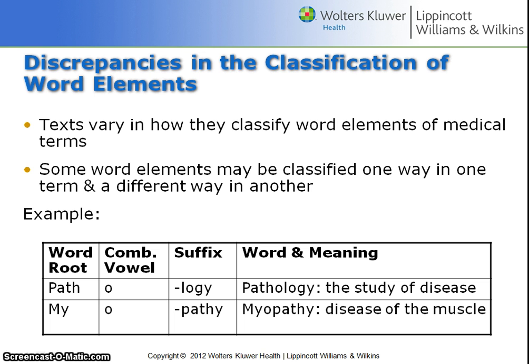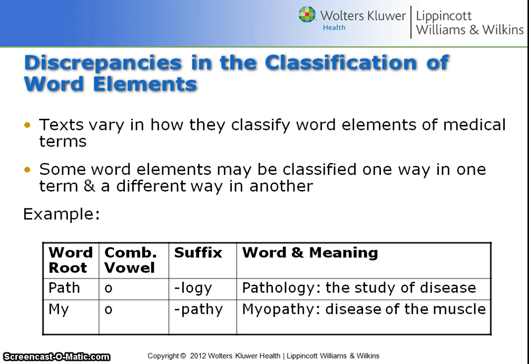So there can be discrepancies in the classification of word elements. Some texts will vary on what they consider word elements to mean. An example of this is the word root path and the word root my. The combining vowel is O in both.